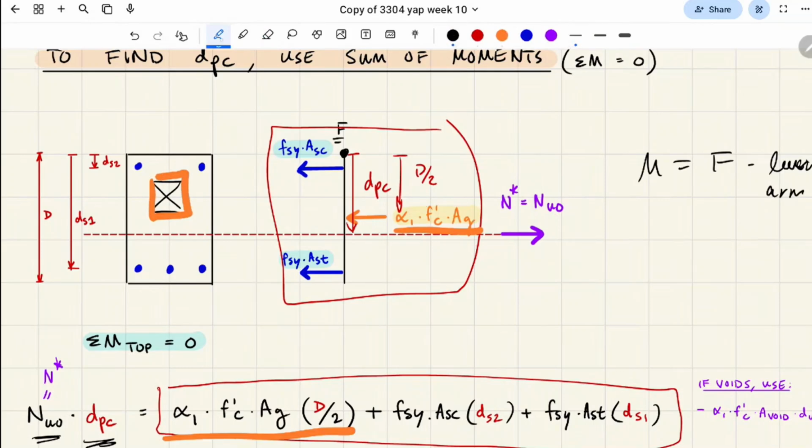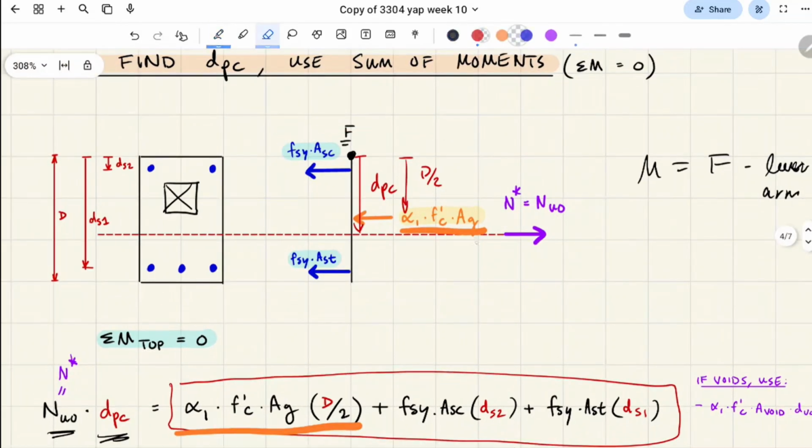No, but the problem is if we don't do anything, our assumption would be wrong for where the centroid of the concrete is, right? It wouldn't be depth over 2. Oh yeah, that's true. But instead of finding the Y centroid and all that, you can actually do this instead.